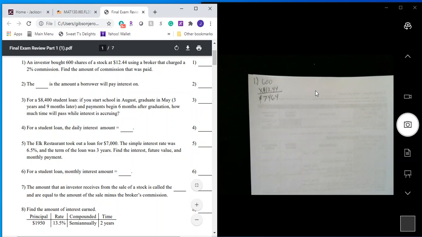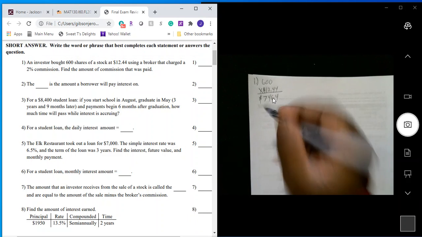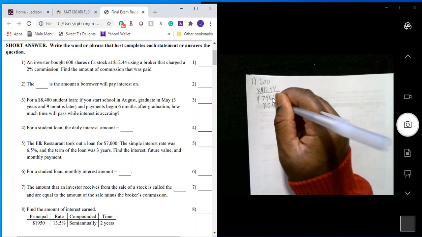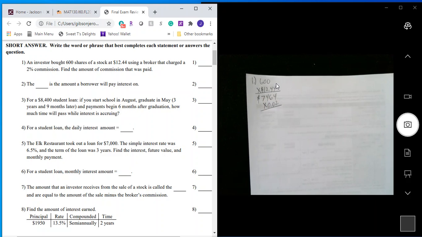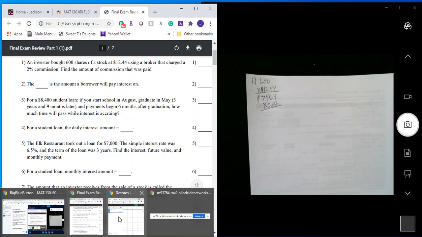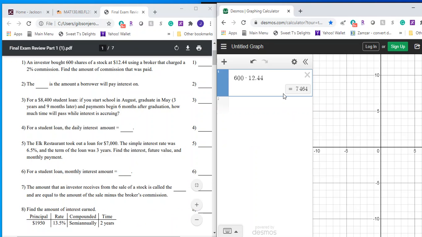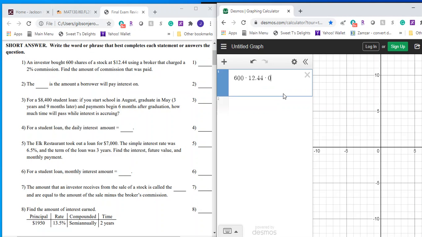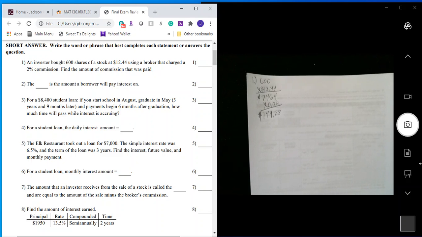But the commission is 2% of this. So we will multiply this by 0.02. And that will give us our commission. So we go back to our calculator and then multiply by 0.02. And it gives us a commission of $149.28. So that will be our answer for problem number 1.